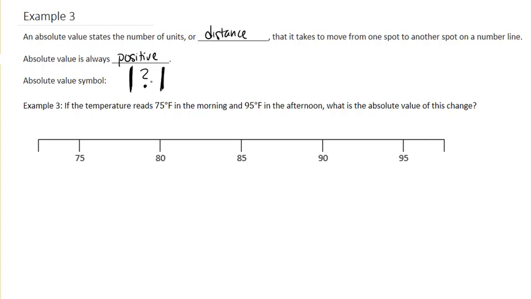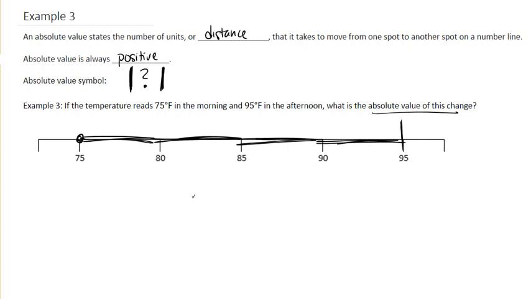Example 3. If the temperature reads to be 75 degrees in the morning and then 95 in the afternoon, what is the absolute value of this change? So we go from 75 to then 95. So we're going to stop here. So we're going to go up in increments of 5. So we have 5, 10, 15, 20. So we just went up 20 units.